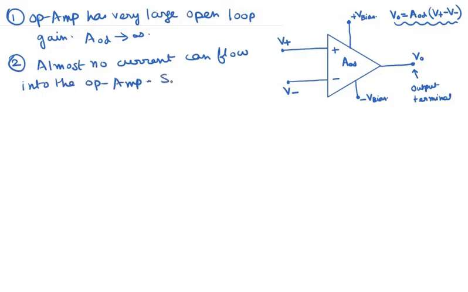So I plus is approximately equal to 0 and I minus is approximately equal to 0, where I plus and I minus are the currents flowing through the non-inverting and inverting terminals.